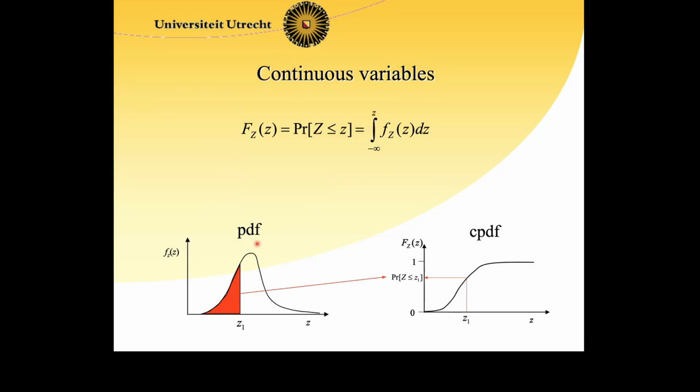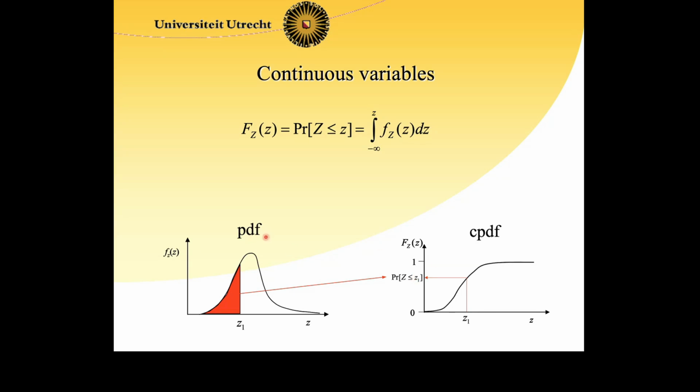Now, just like we saw that we can get from the cumulative frequency distribution in the histogram the probability that something is smaller than a certain value, we can get it both ways. We can integrate the probability density function between minus infinity and z, in this case z1, to get the probability that Z is smaller than z1, or we can directly derive it from the cumulative probability distribution function.